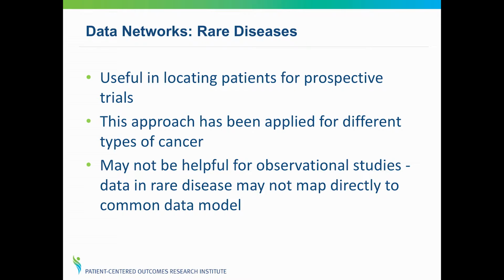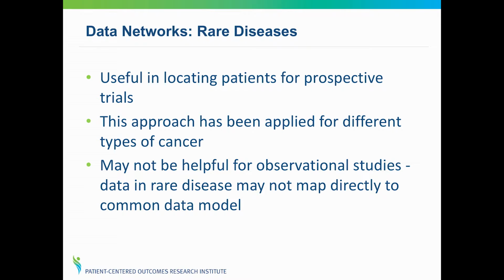And I think cancer has done that really well, with a lot of studies where they've found the number of patients that have different cancers and distributed the prospective trials and the prospective data collection across a bunch of different institutions, because they didn't have enough individuals that met the criteria, because the criteria made it a rare case.